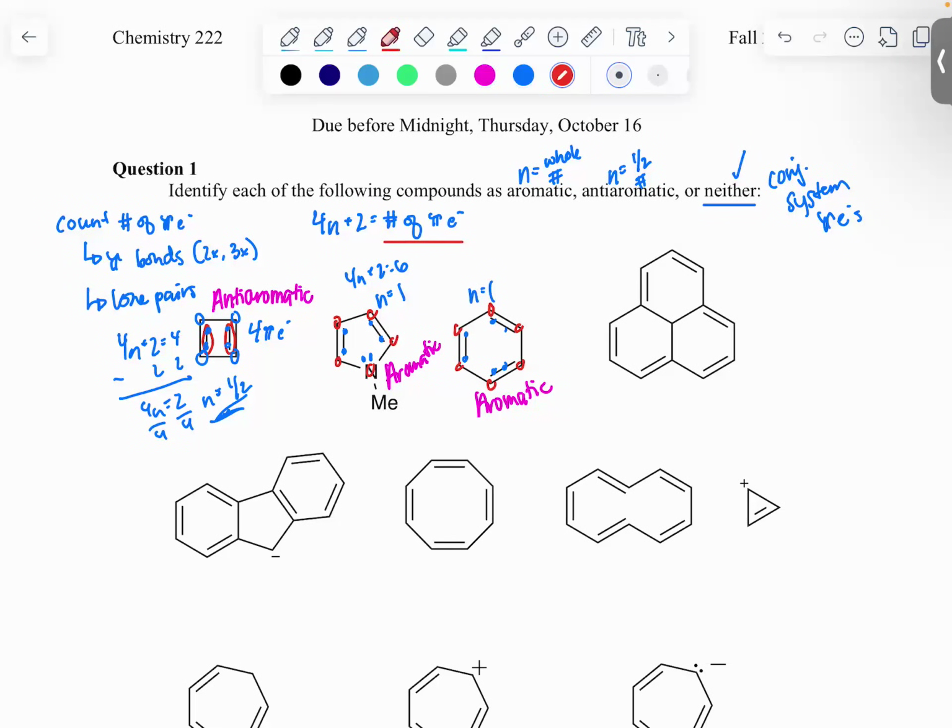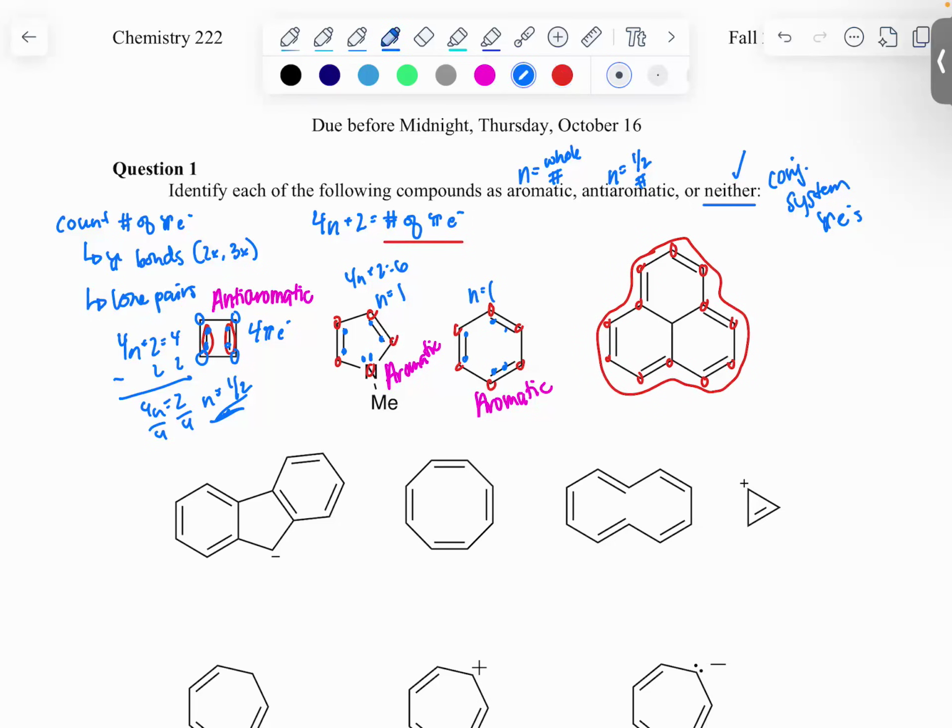I'll start this one by looking at the conjugated system. And we can see that along the outside, all of our atoms have pi electrons. And so we do have a conjugated system, thinking about the outside of these rings as one big ring.